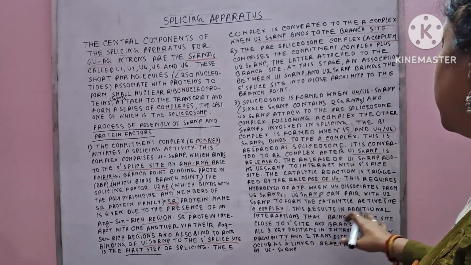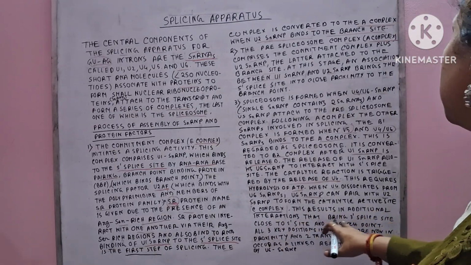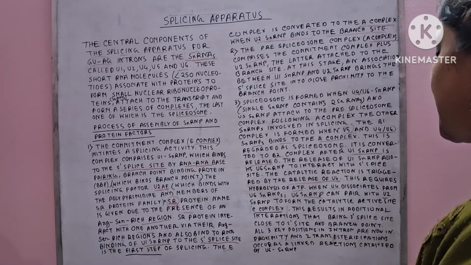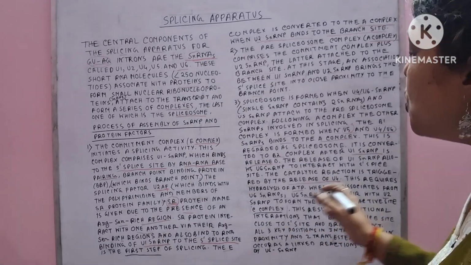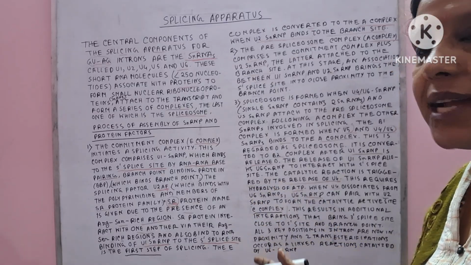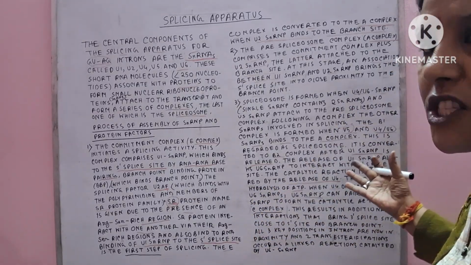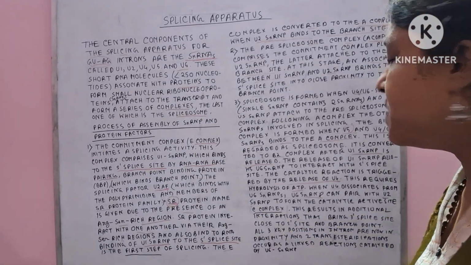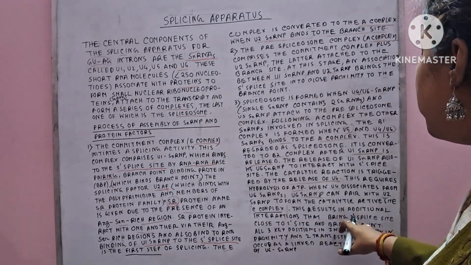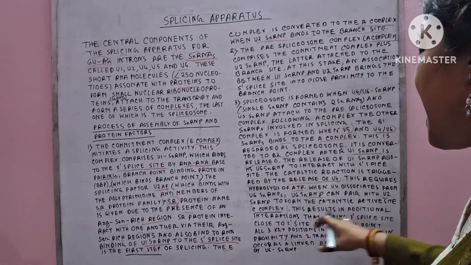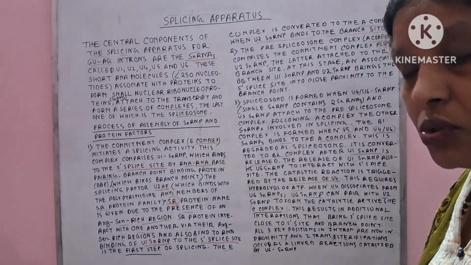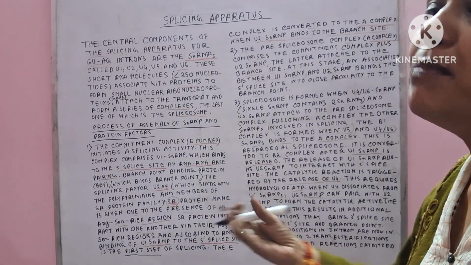And this results in additional interactions that bring the 3' splice site close to the 5' site and branch point. So the 5' splice site was already in close proximity to the branch point, but when the C complex is formed, then the 3' splice site and the 5' splice site become close to each other with the branch point.